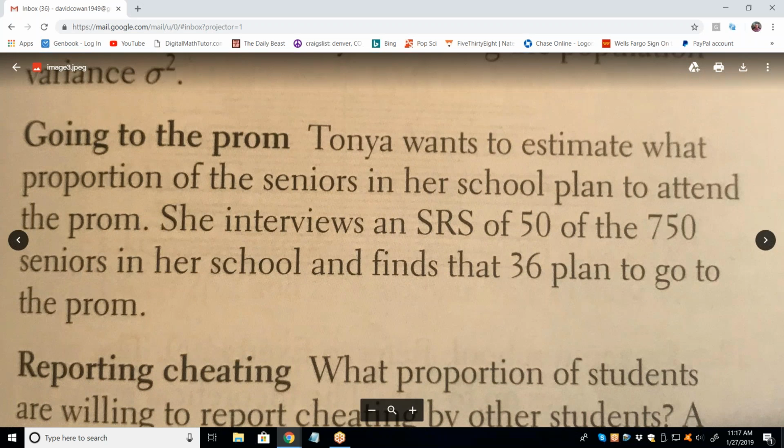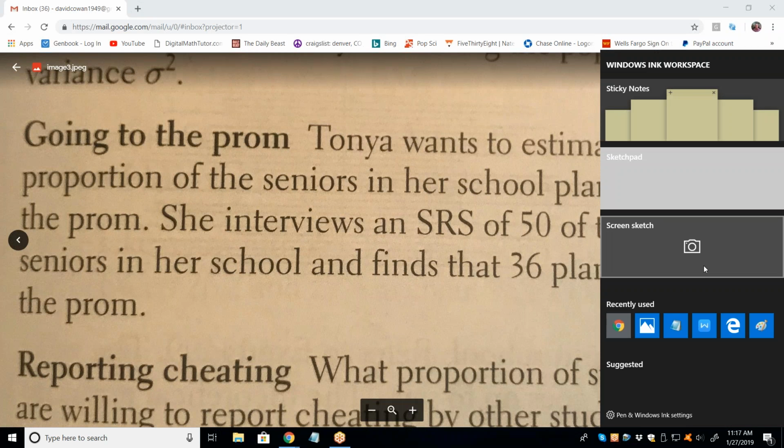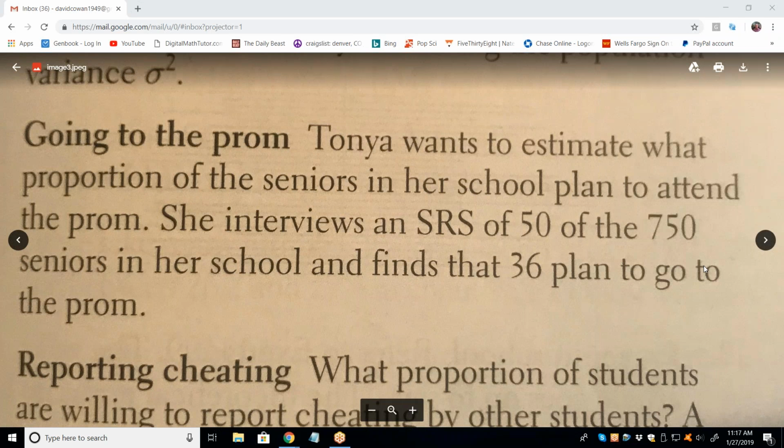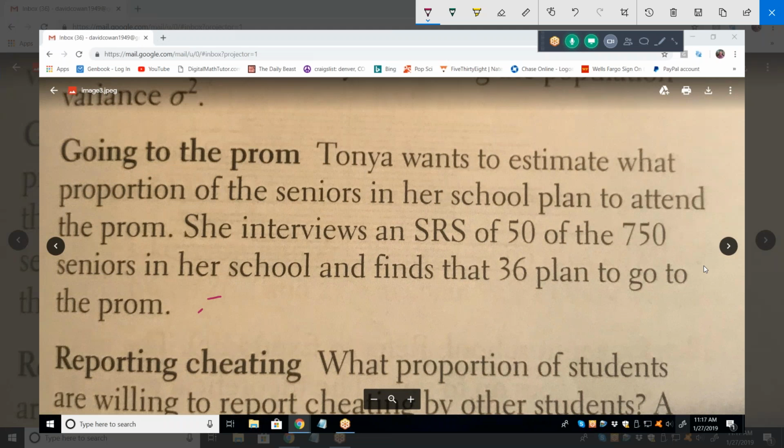Oops, hold on. Let me just draw a little bit on here. Now let's see, she does another sampling. This is totally new. Starts with all 750 and pulls out 50 new ones. And she samples that. She's not likely to get exactly 0.72, is she?